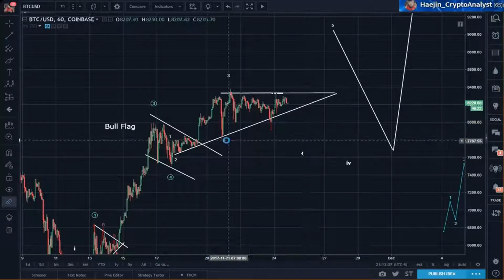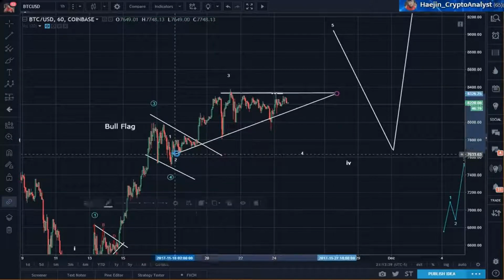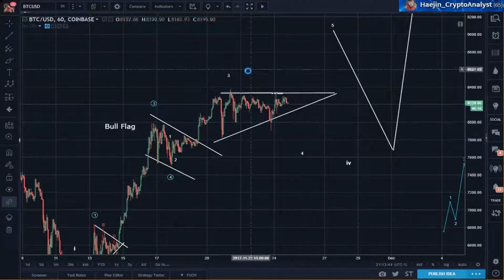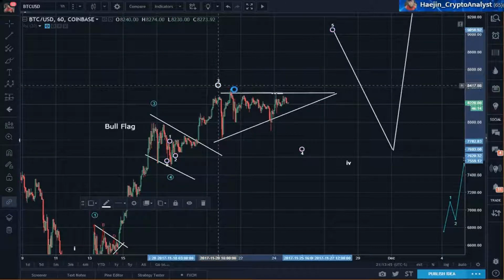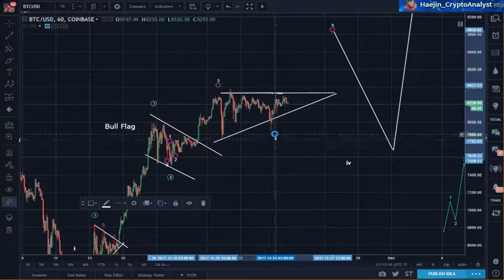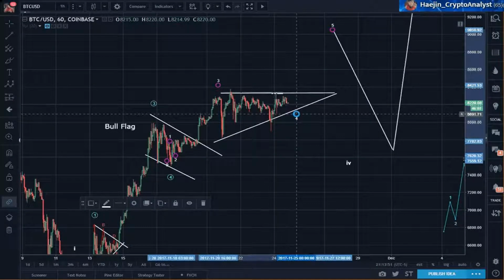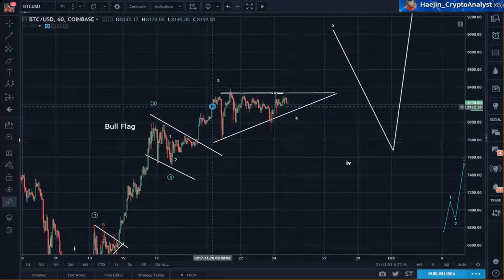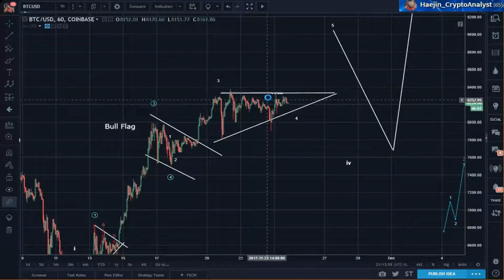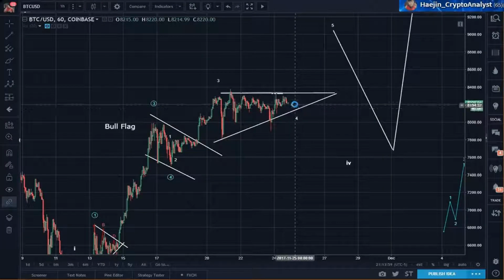We'll call this the bullish piercing, if you will. So what I'm basically saying is if this was 3 here, we're not done with 4 yet, and 4 will probably be complete here, let's say.